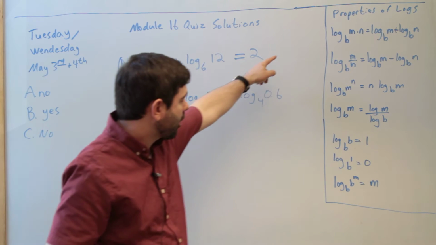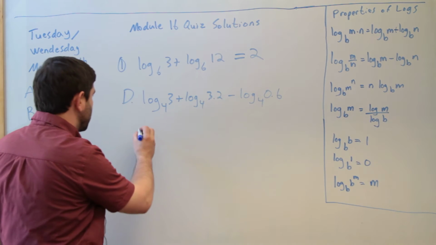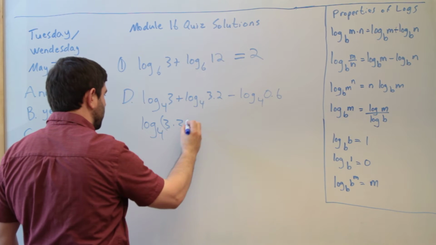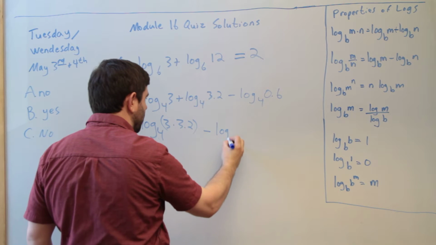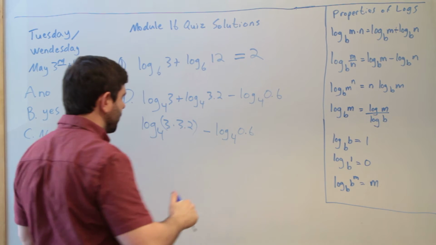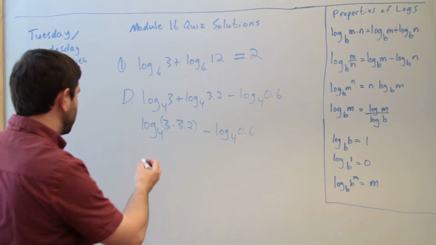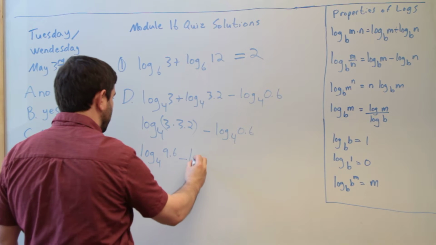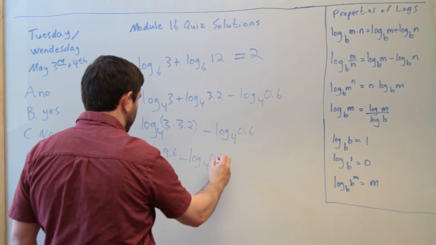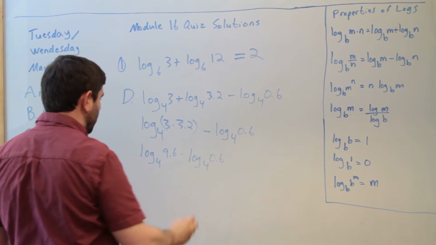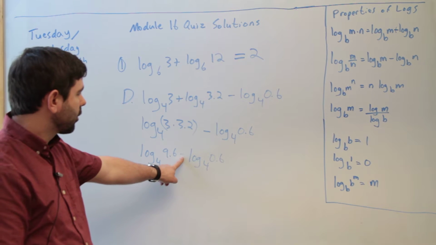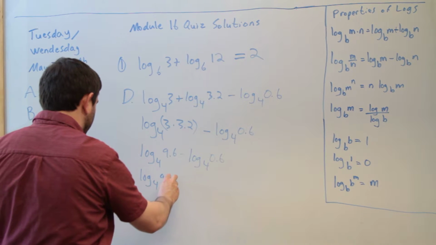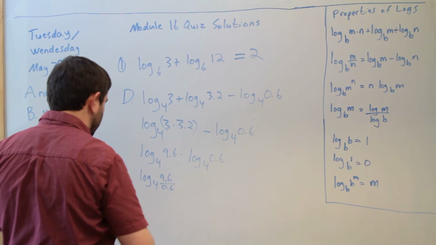We are going to use the product property, and this will be log base 4 of 3 times 3.2. And we're going to subtract log base 4 of 0.6. 3 times 3.2 will be 9.6. Now we can see we can use our quotient property.